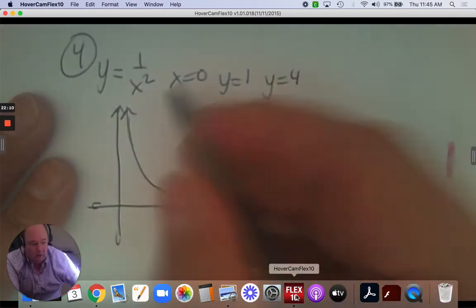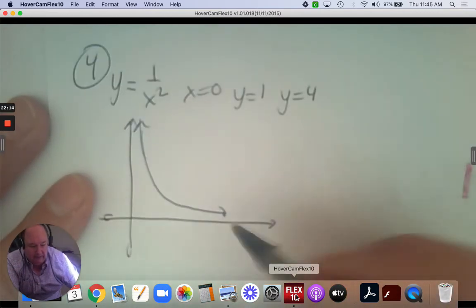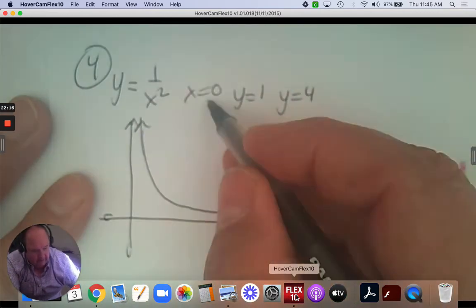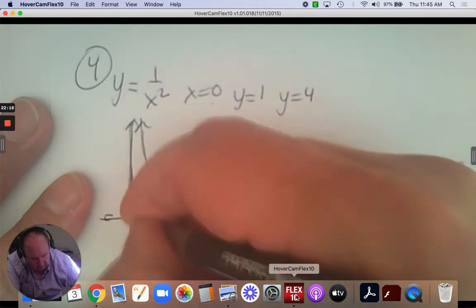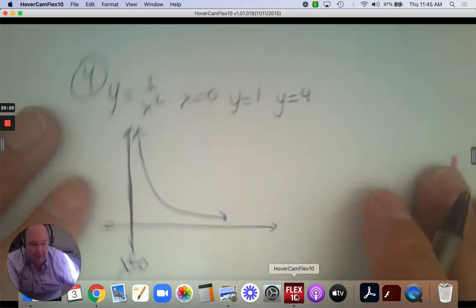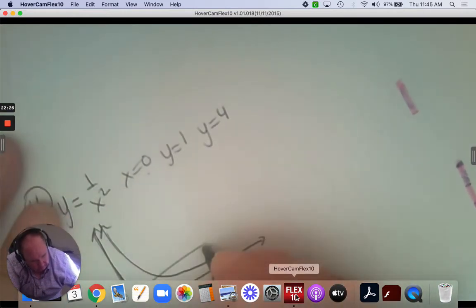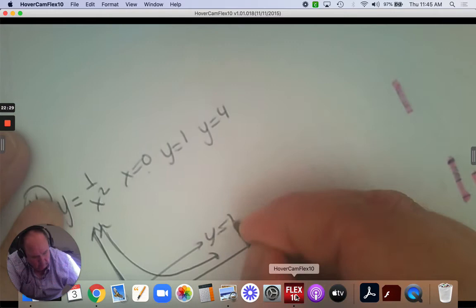So there's the curve on the right side of y equals 1 over x squared. It's bounded by x equals 0. It's bounded by y equals 1. And y equals 4.